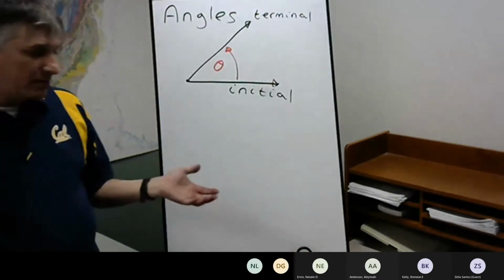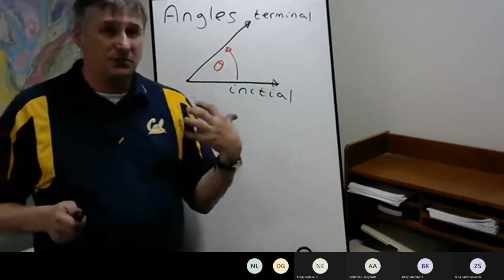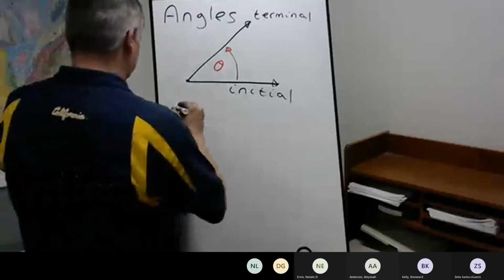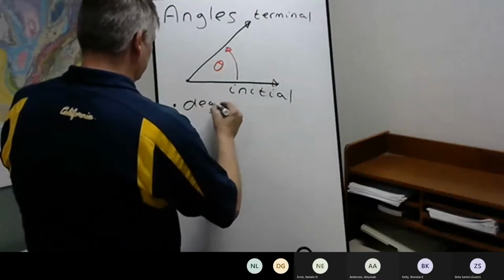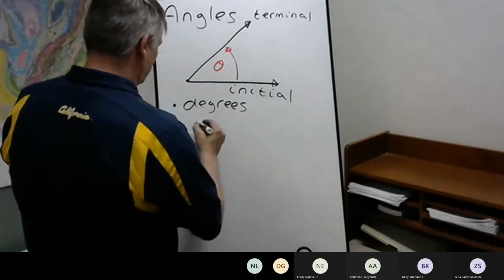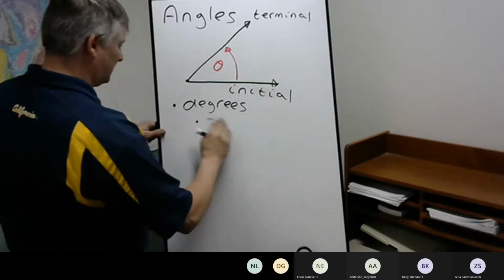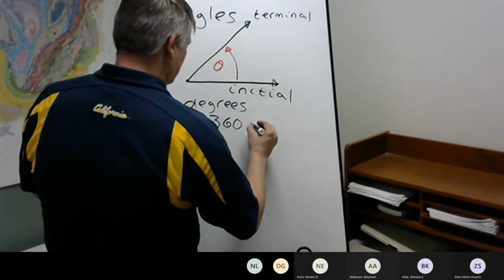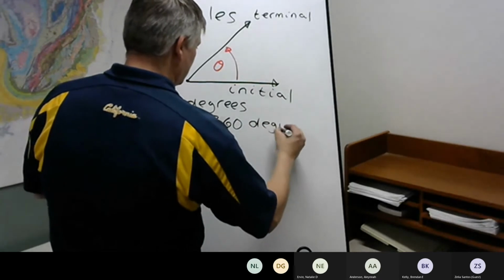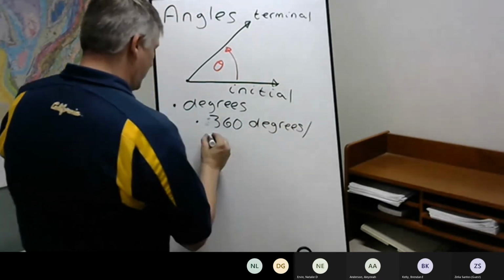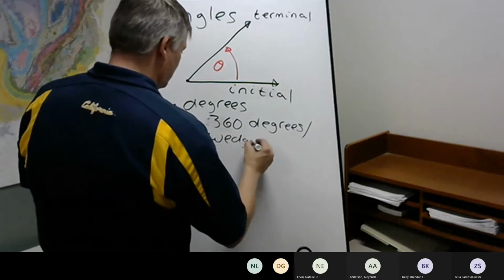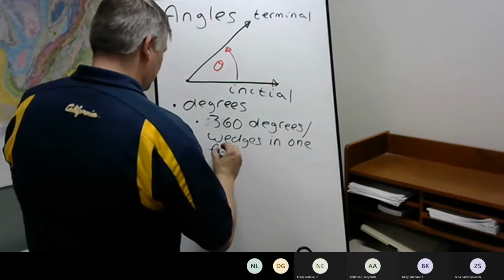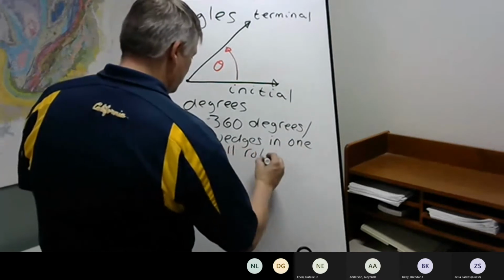Now, there's two ways we measure angles. We measure angles using degrees and radians. Now, degrees are just little wedges. So there's 360 degrees, or wedges, in one full rotation.